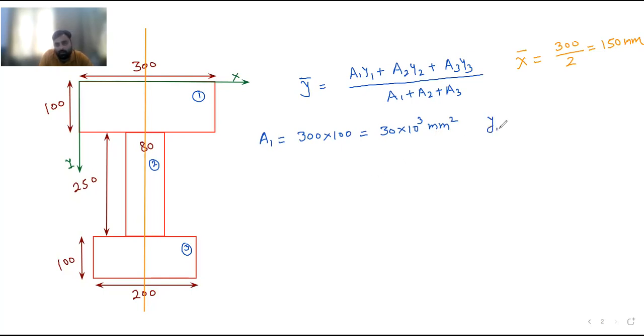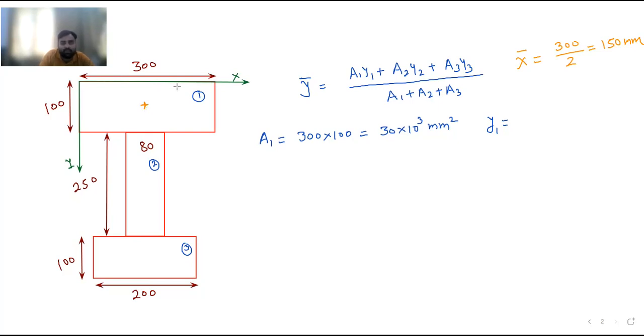Now I will calculate my Y1. What is the meaning of Y1? Y1 is the distance of the centroid of the first figure from the reference axis. So if I show you the centroid, this is the rectangle 300 by 100. The centroid will lie somewhere here. This is the centroid. So Y1 is the distance of this centroid from the reference axis.